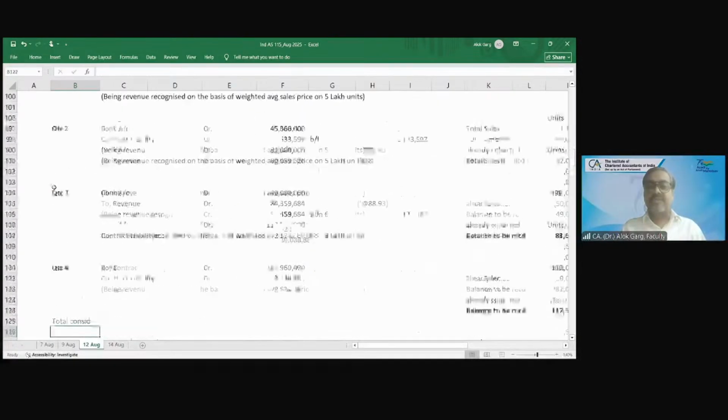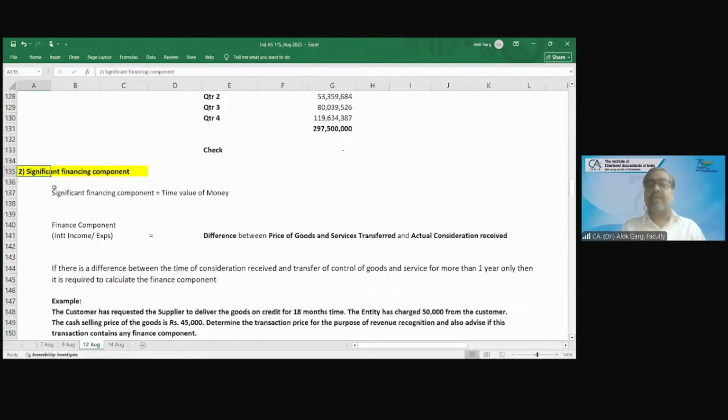Then we discussed the concept of significant financing component. Significant financing component means when the time value of money is important, when the time value of money becomes involved, right?